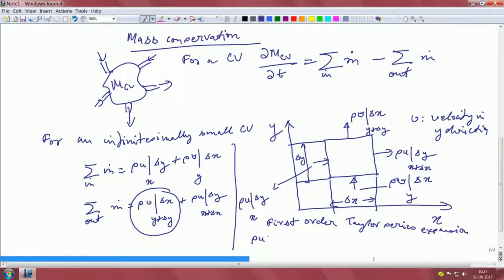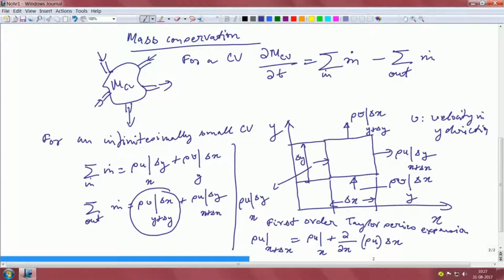Let us say you take rho u at x plus delta x. You expand it around rho u at x plus, this is first order only, you know the truncation term, d by dx of rho u into delta x. So, that is the first order expansion.